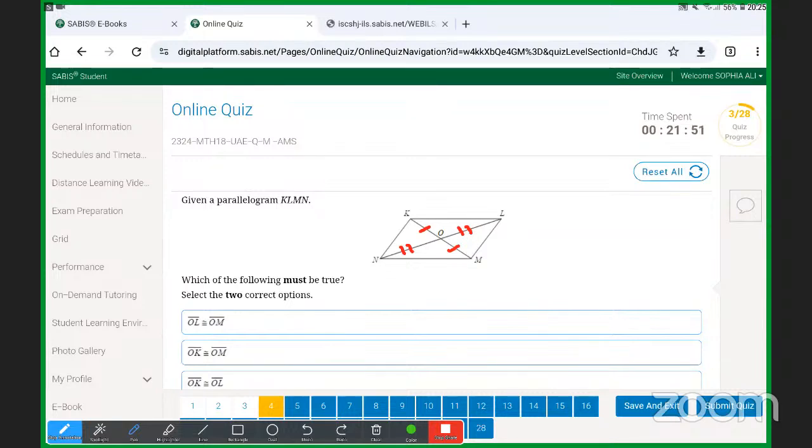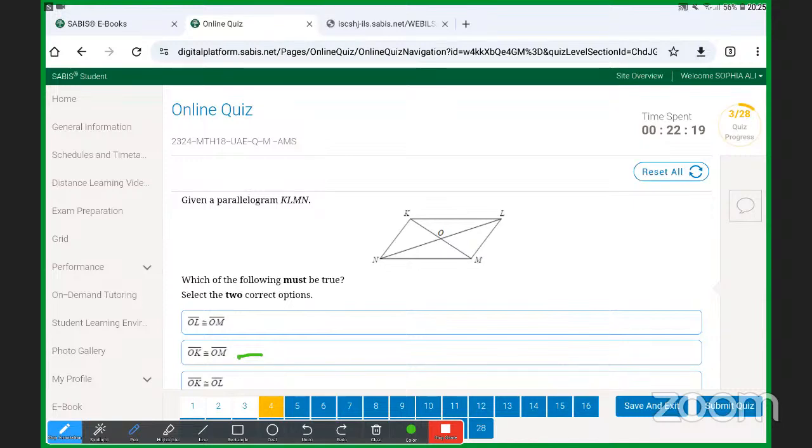Great. Next. Now it's your turn. Which of the following options are correct according to the rules we have said now? This one. OK is equal to OM. Exactly. Next, what else?